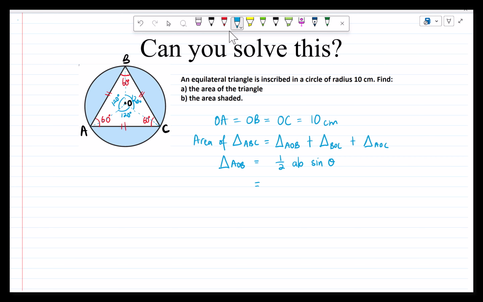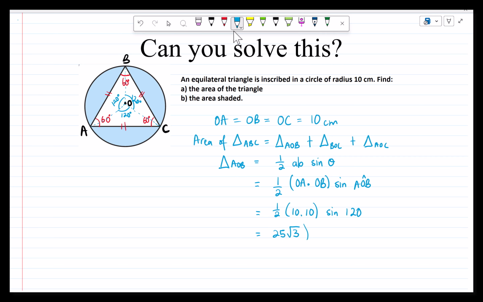AB is the line that we're looking at, so we rewrite it as half times OA multiplied by OB sine, and our theta is angle AOB. Punching in the values, we have half multiplied by 10 times 10 sine 120, which gives us 25 root 3.